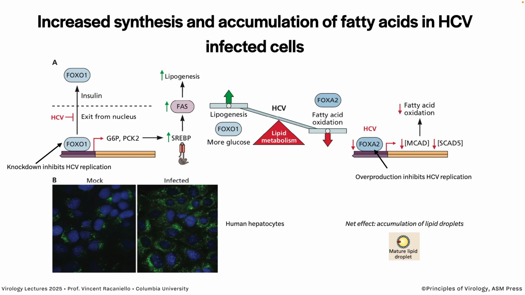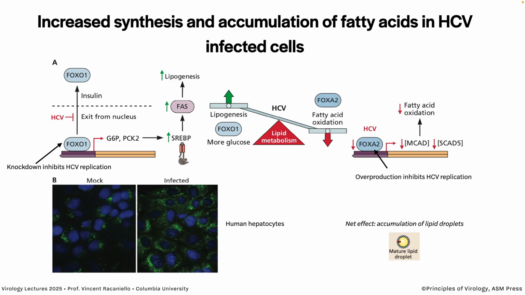So there has to be a balance between the synthesis of lipids, lipogenesis, and the oxidation. What HCV does is turn up lipogenesis by inducing this transcription factor, FOXO1, very much like the HCMV induction of a transcription factor.